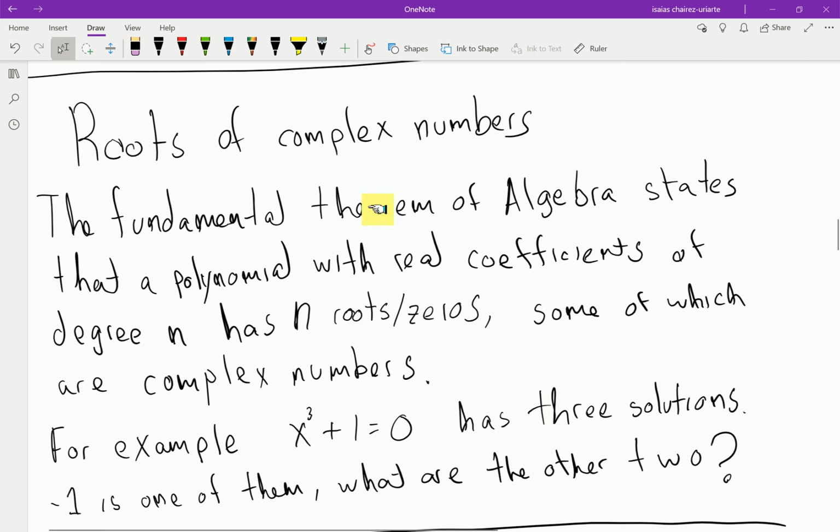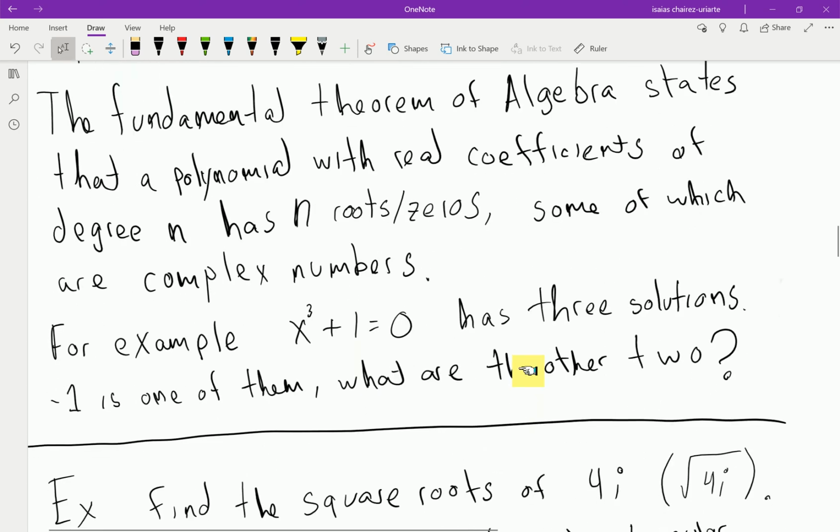There's this thing called the fundamental theorem of algebra, which says that a polynomial with real coefficients of degree n has n roots or zeros. The only thing is that some happen to be complex numbers. So what does that mean? For example, imagine I have this third degree polynomial, x cubed plus 1.